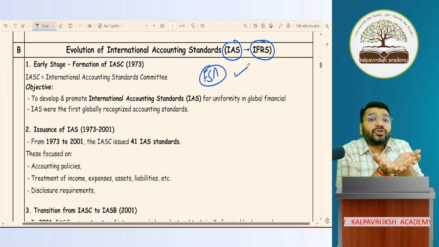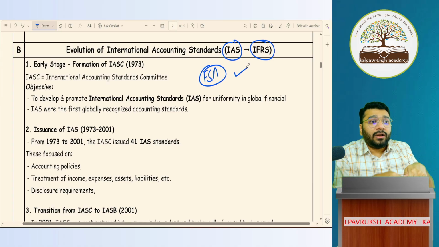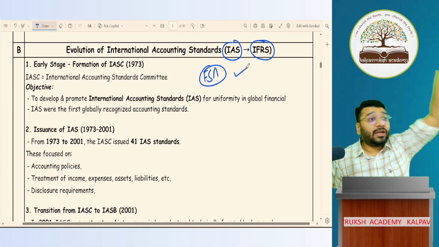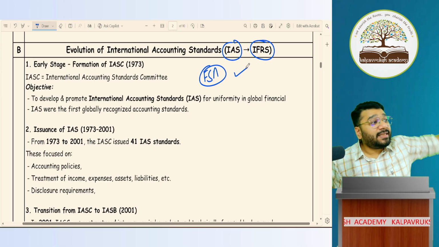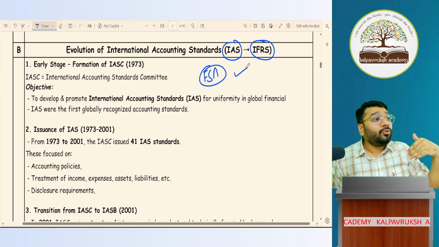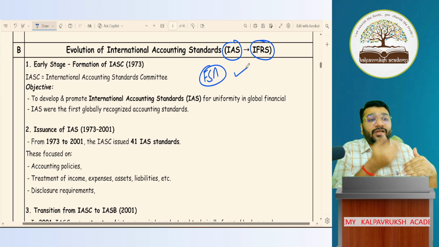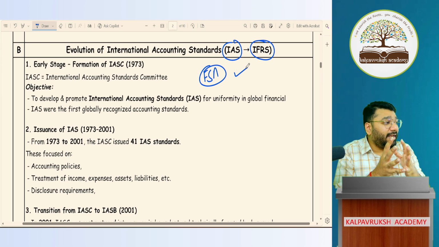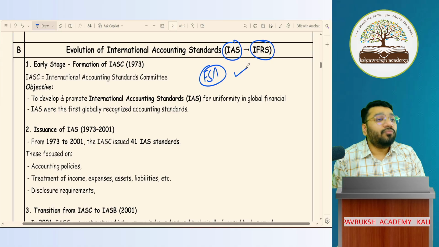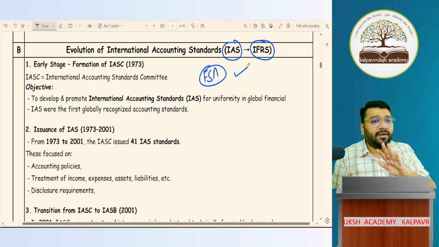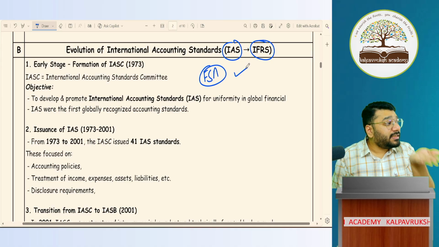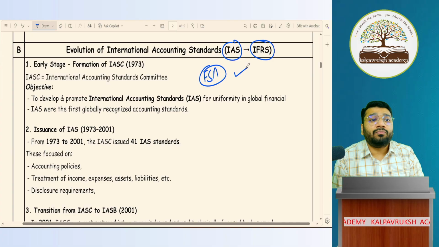What is an order book? The future order book. Today we have got an order from the government that in future they will buy so much of goods from you. So that is securing my future. Looking at that, you will naturally buy the shares of the company. Since the demand is created, naturally the stock price will move up. So these are the organic ways of moving the stock price up. There is a genuine reason behind the stock price moving up.